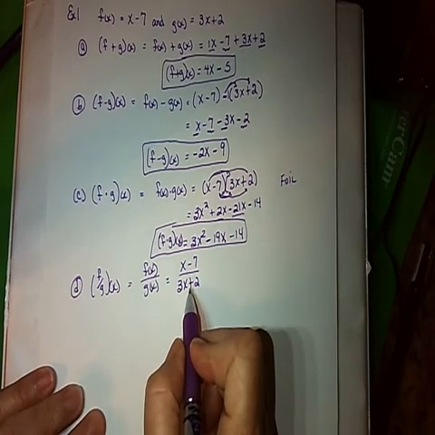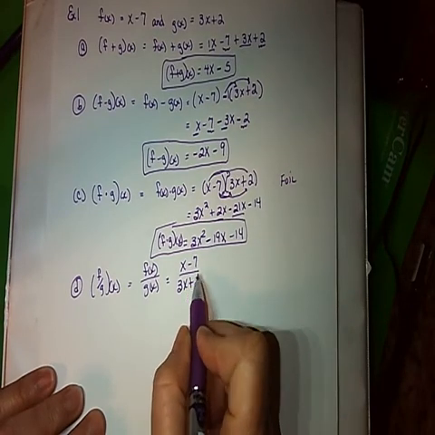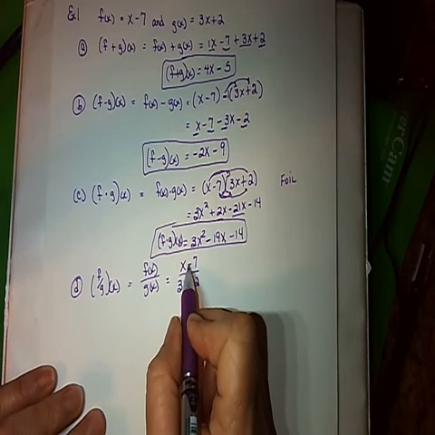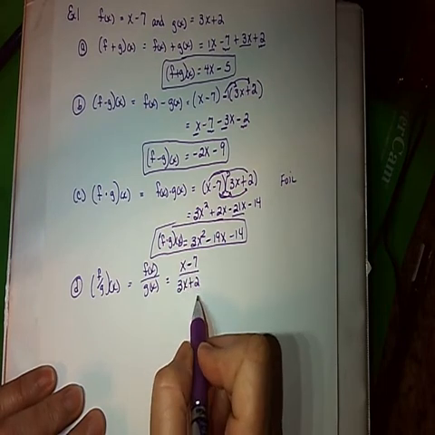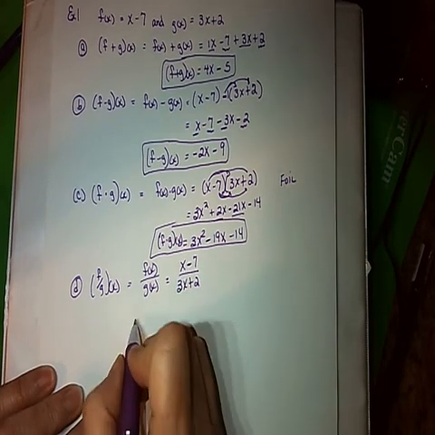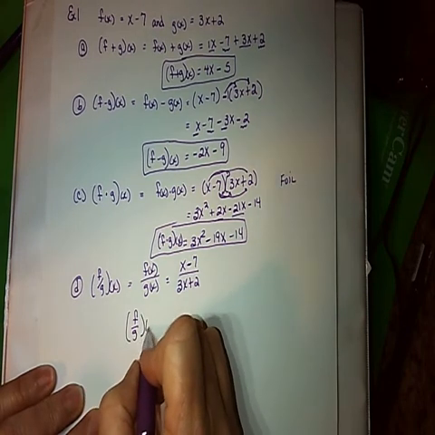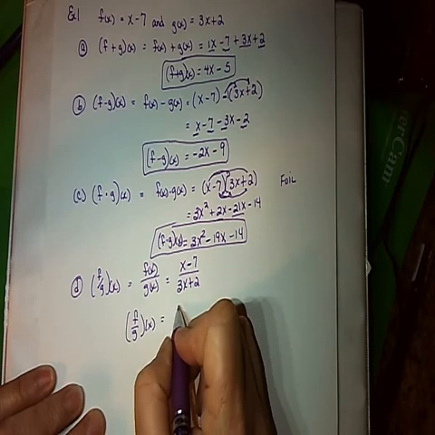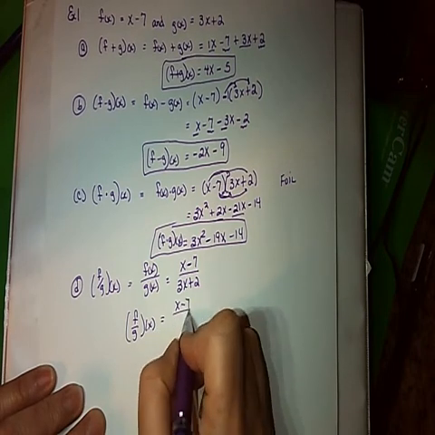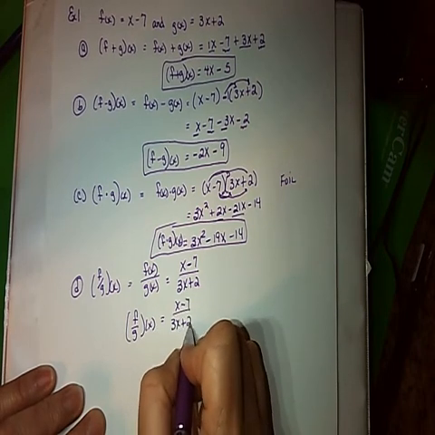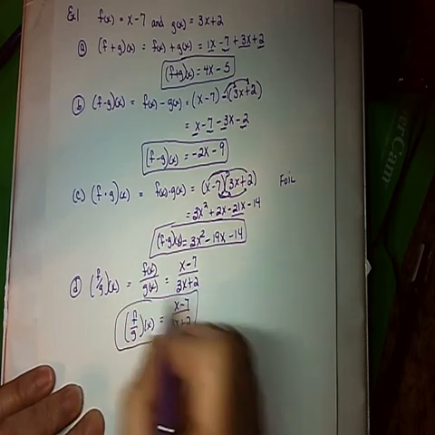Since I can't factor them, they're not the same, I can't cancel anything. You have to cancel the whole binomial in order to cancel anything. So for my composition of f divided by g of x, x minus 7 over 3x plus 2 is my final answer.